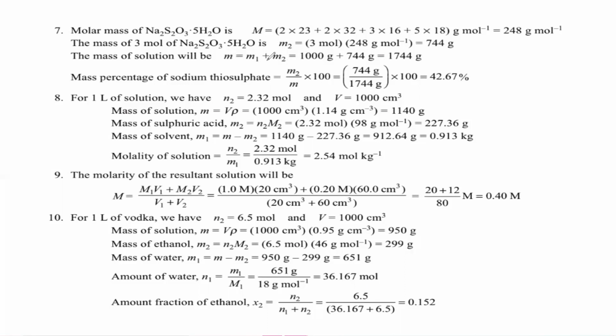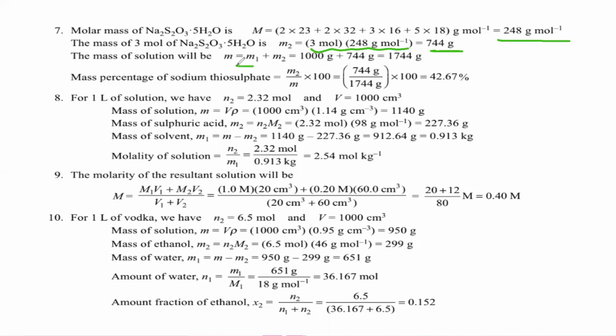By substituting this, with the 5 water molecules included, we get 248 grams per mole. Now the mass of 3 moles of sodium thiosulfate is 3 moles into 248 grams per mole, because mass is molarity into volume. So 3 into 248, that is 744 grams.